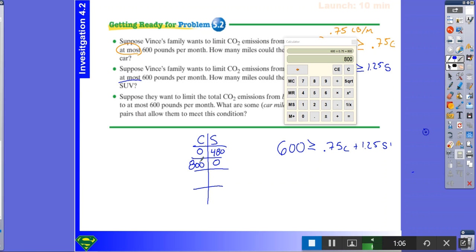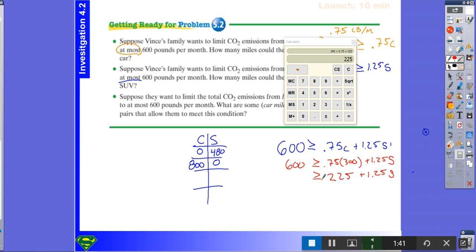Anyways, now to pick another point, I'm going to pick 300 for the car. So I'm going to say we have 0.75 times 300 plus 1.25s. Now I could have picked any number for this whatsoever. It wouldn't have mattered. All right, so 300 times 0.75 is 225 miles plus 1.25 times the SUV miles.